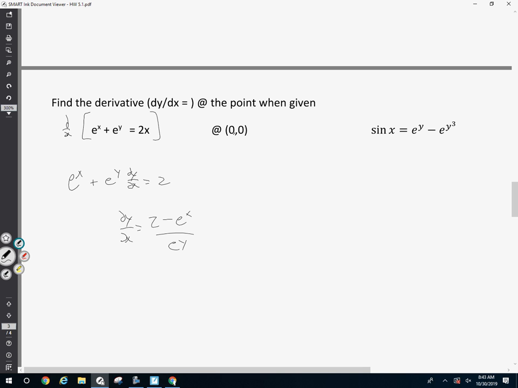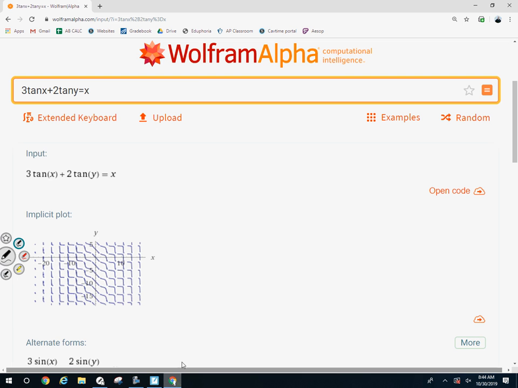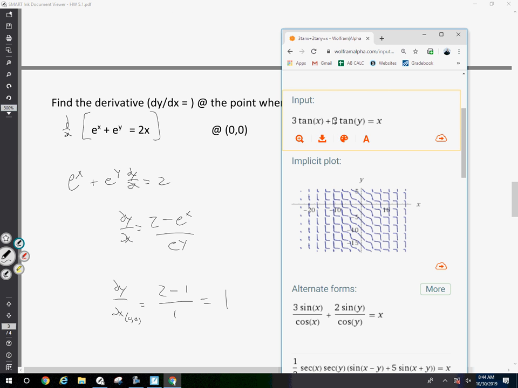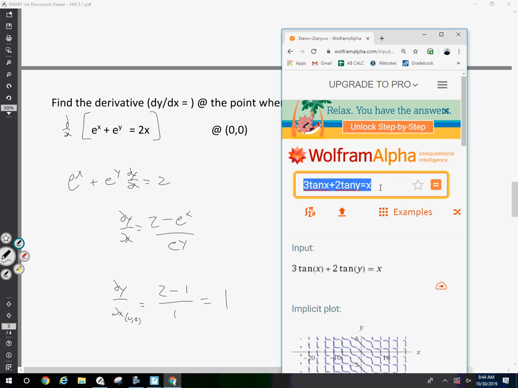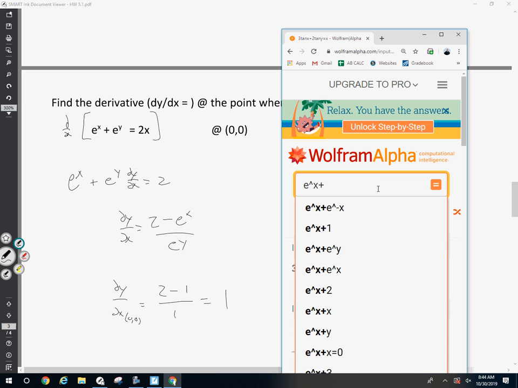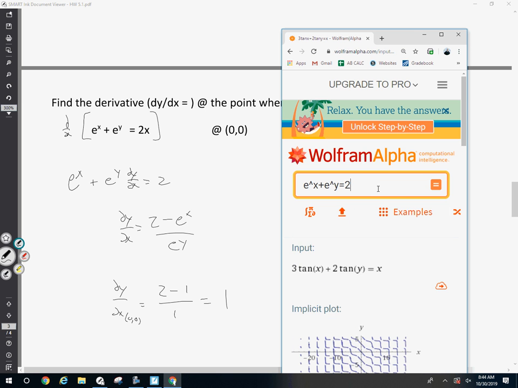You want to find it at the point 0, 0? Sure. 2 minus 1 over 1. Slope is 1. e to the x plus e to the y equals 2x. Let's see what that looks like.